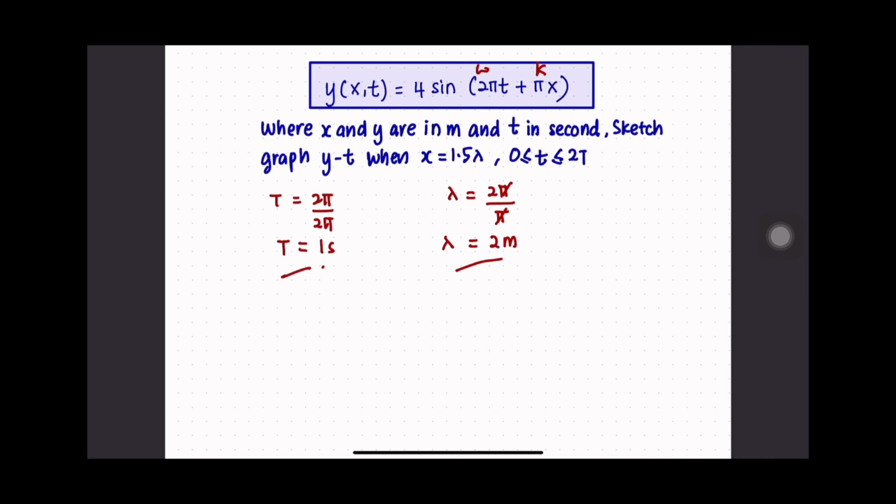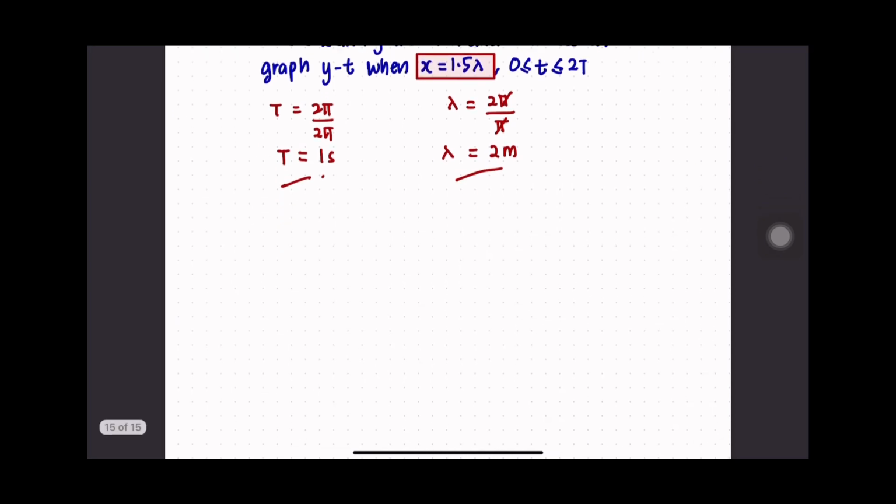Okay, before you shift graph with the condition given, we need to determine the basic graph first. Okay, basic graph when we substitute the value of x is equal to 0. x is equal to 0 meter lah.